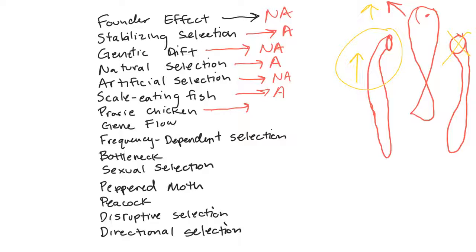Right. Okay, gene flow, another one. So when you have multiple populations that are somewhat isolated from each other, they'll start to evolve different traits.